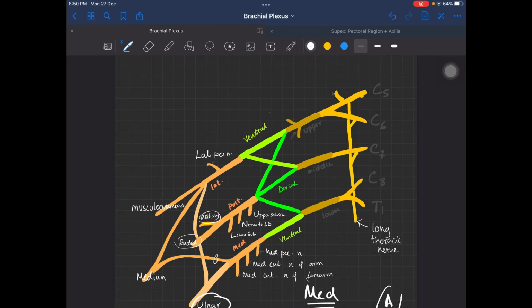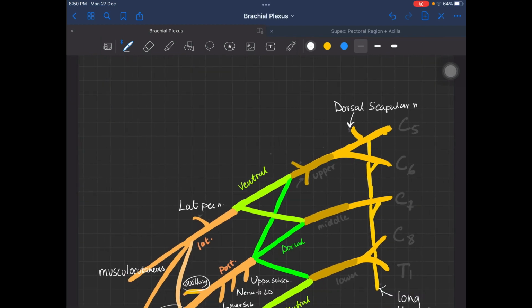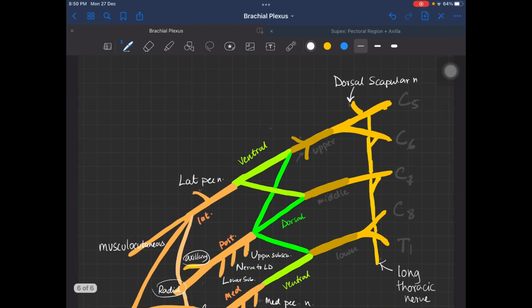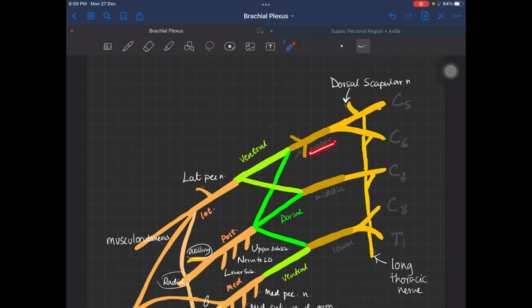Okay, so this nerve right here, which is emerging from the C5 root, is called dorsal scapular nerve. Dorsal scapular nerve obviously supplies the muscles on the dorsal side of the scapula. So what are they? They are rhomboid major, rhomboid minor, and levator scapulae. Now we come to the upper trunk.